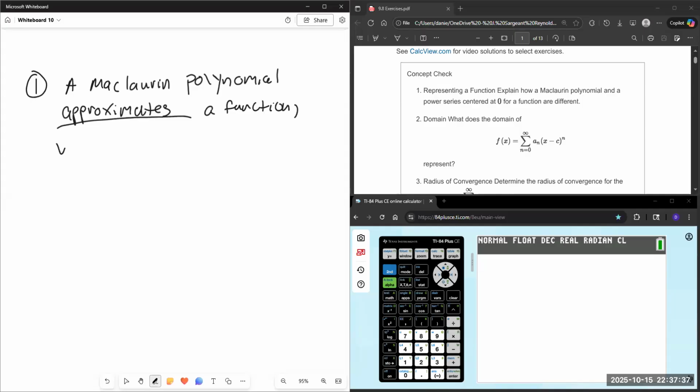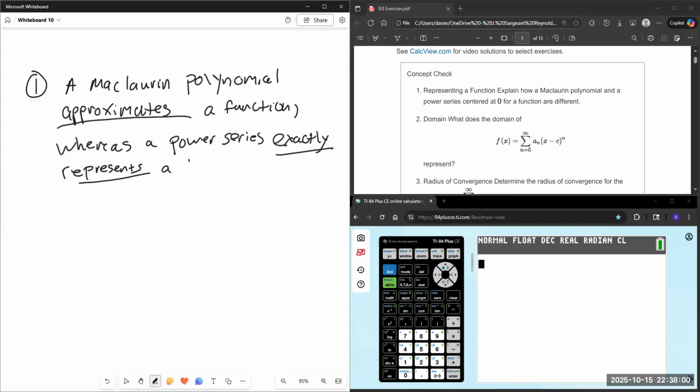Whereas a power series exactly represents a function. They're identical.